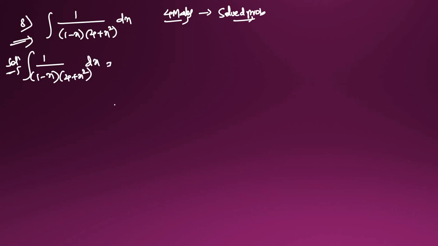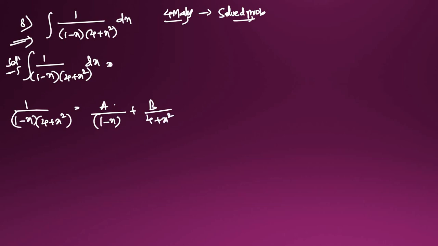So from this, I'm taking 1 by 1 minus x into 4 plus x square. I'm doing partial fractions, same as before. So a by 1 minus x plus bx plus c divided by 4 plus x square will come here.